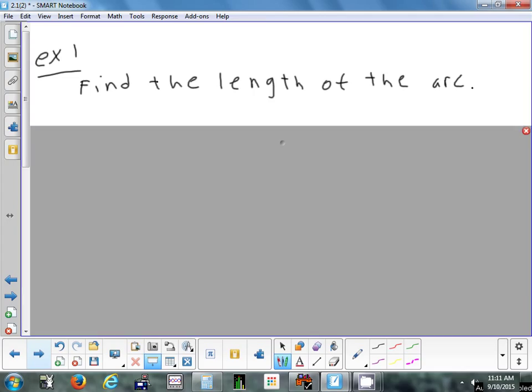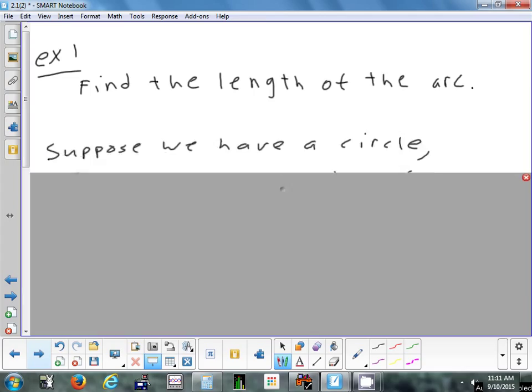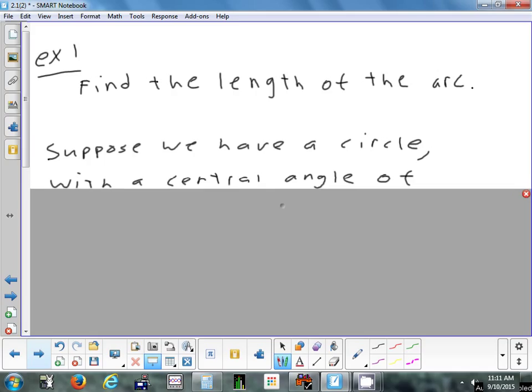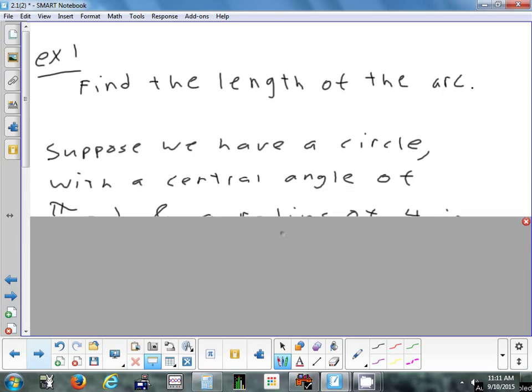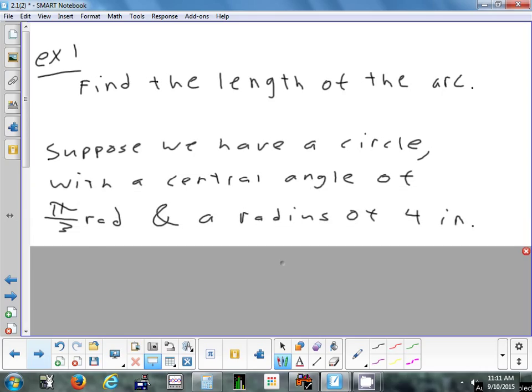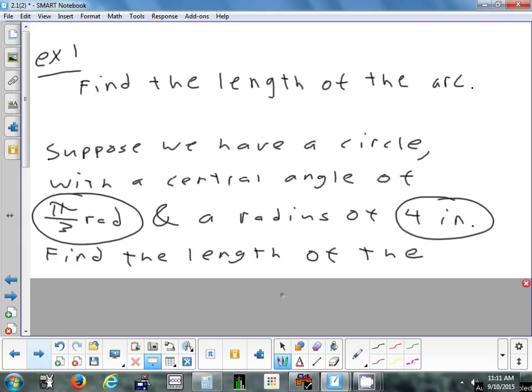Okay, so let's try to find the length of an arc. This problem, I kind of wrote the whole thing out. But the key information here is you have an angle of pi over 3 radians and a radius of 4 inches. Find the length of the arc.